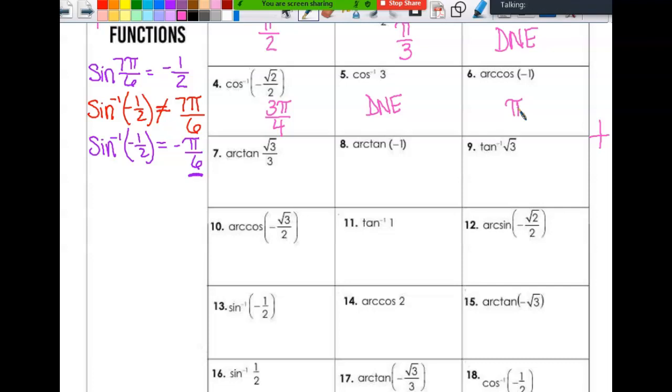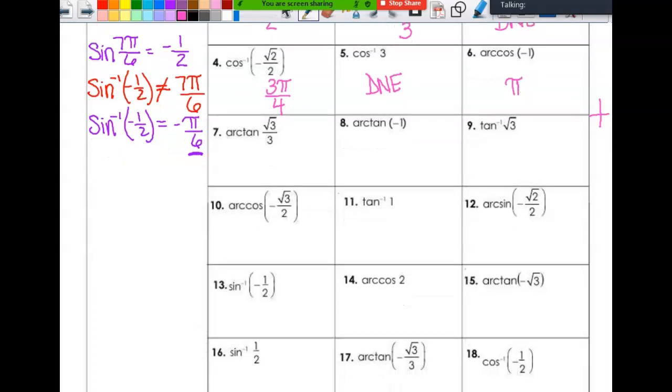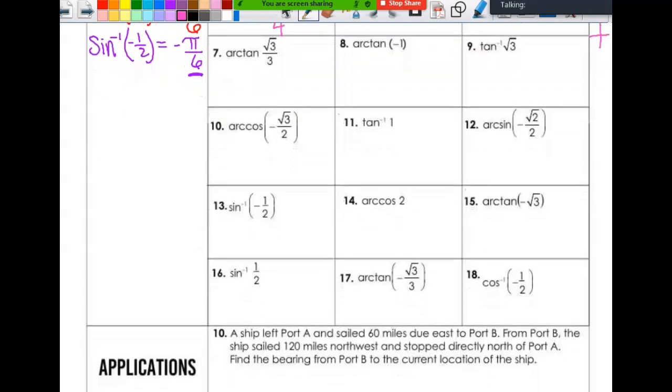Let's make sure we get it. Let's look at number 7.